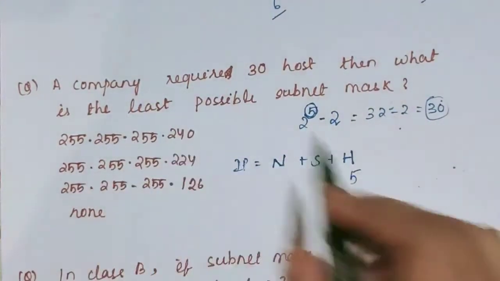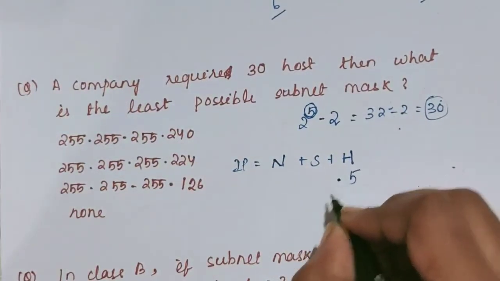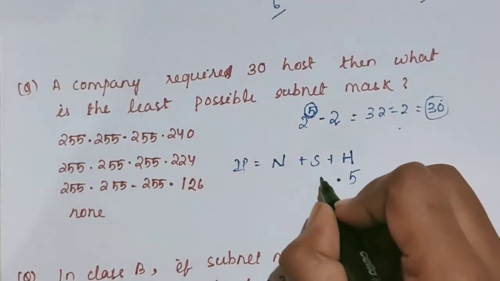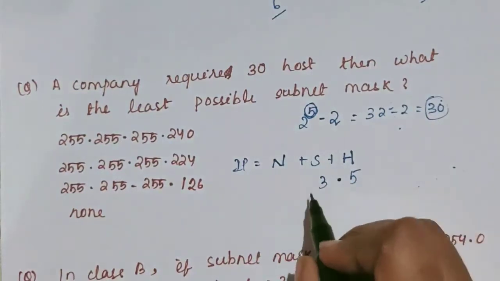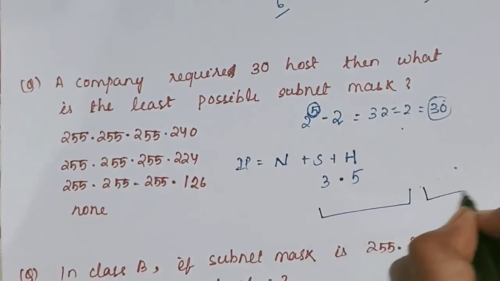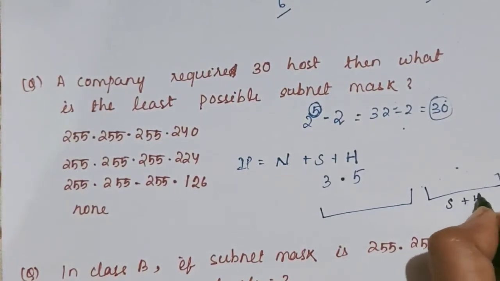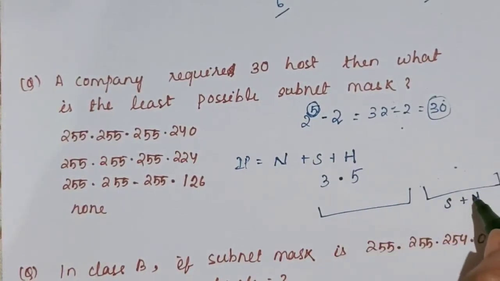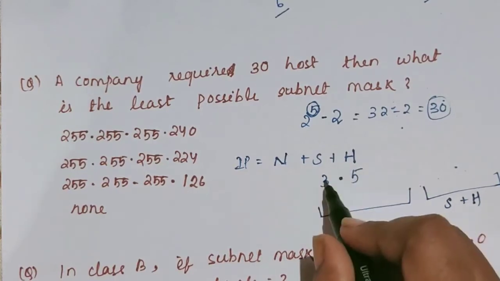Okay, and again, see, 5 is given, so subnet bits will be 3, because if we are taking a network bit, then it is network plus subnet plus host. So subnet bits are taken from the host.